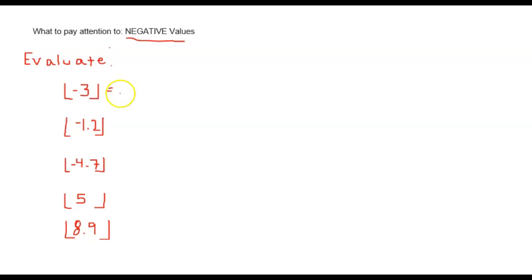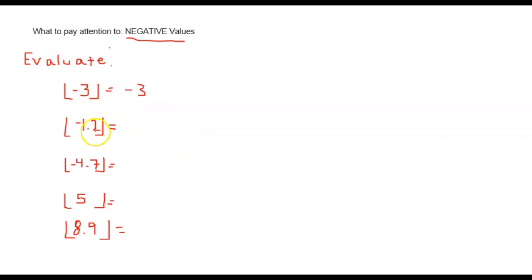So if I talk about evaluating the following values, walk through these with me and remember the number line. We're rounding down. So what is the greatest integer of -3? Well, the greatest integer of -3 is -3.